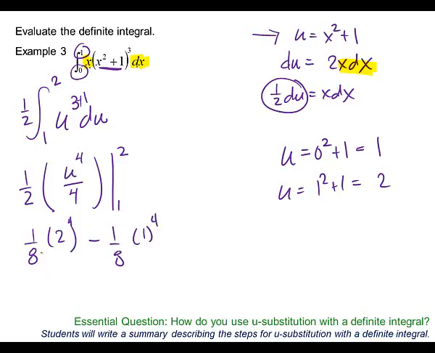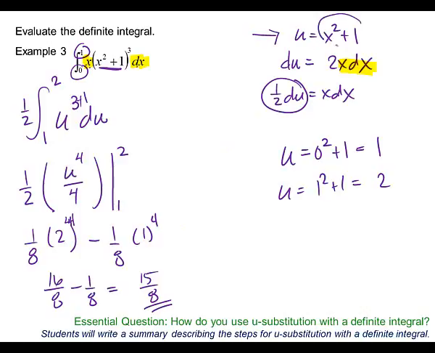Even though it seems like a good idea to cancel those, is it really? No, because we're going to want the common denominator anyways, right? So what is 2 to the 4th? 16 over 8 minus 1 over 8, which is going to give me what? 15 over 8.